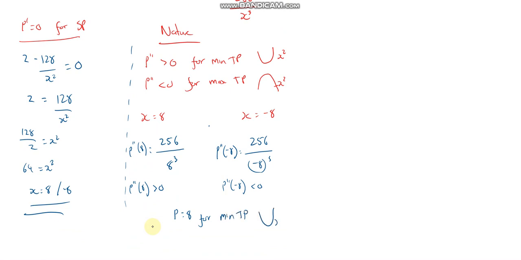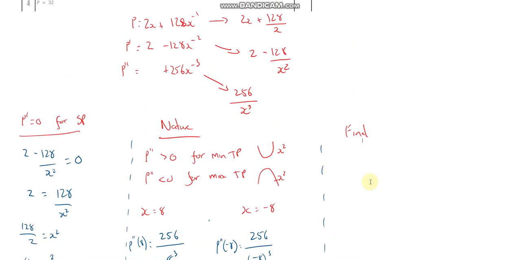I was just going to draw the little shape. So I don't want this one. I want x is 8. And then the final answer of this strategy: I'm just going to substitute x is 8 into my original formula. So I've got P equals 2x plus 128 over x.